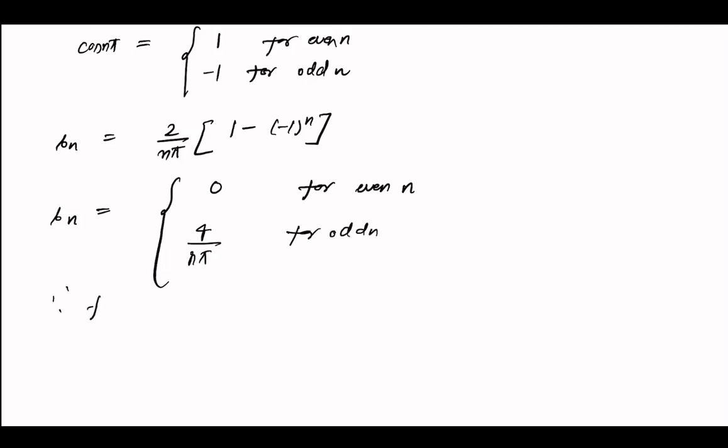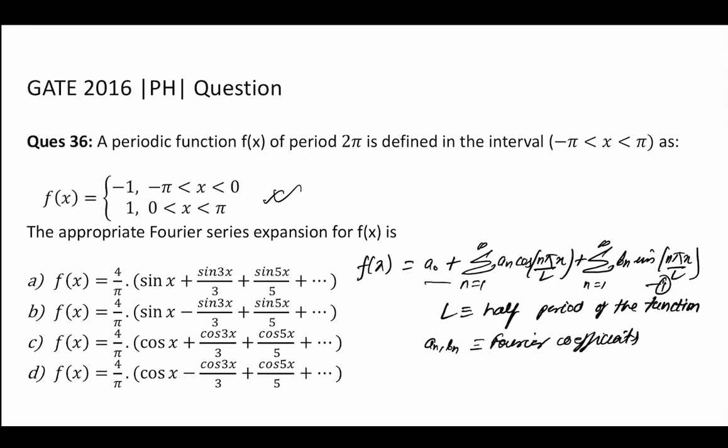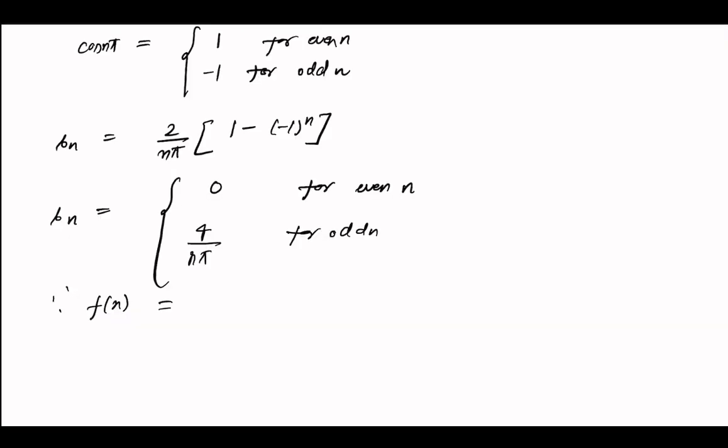Therefore our Fourier series solution, f(x), has a naught and an equal to 0, so these two terms will vanish, and only the third term bn remains, and that too only for odd n. So we'll be left with sin x, even terms will vanish because for even n it is 0, plus sine of 3x by 3 plus sine of 5x by 5 and so on.